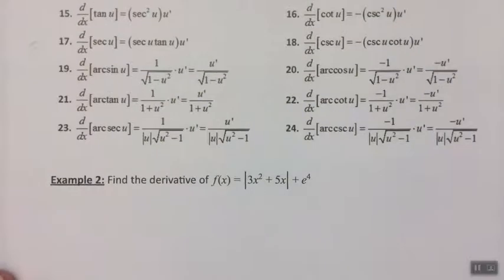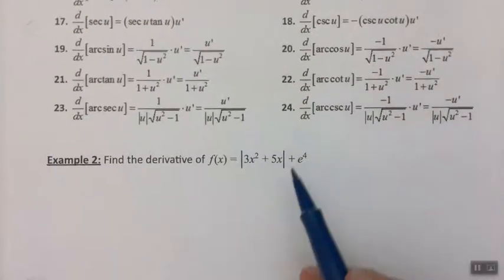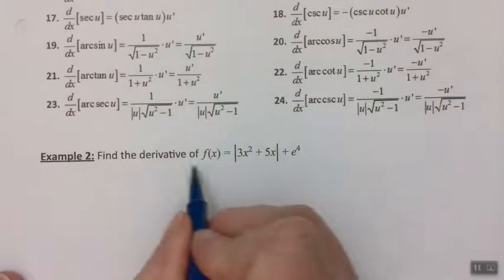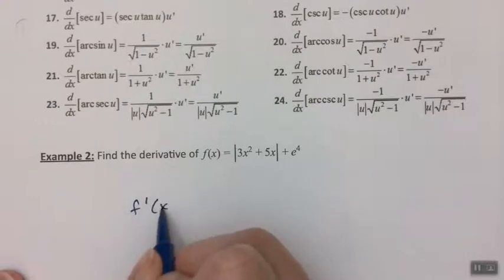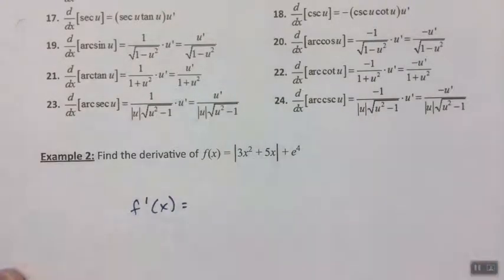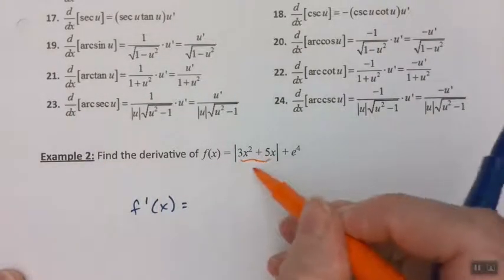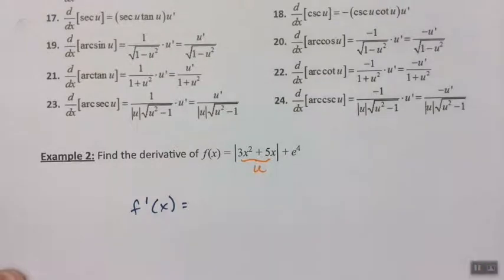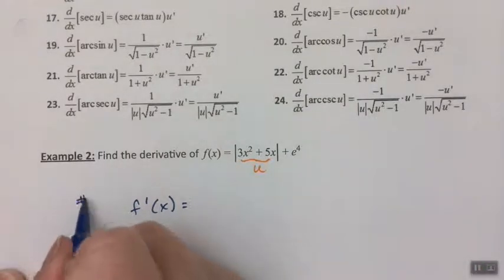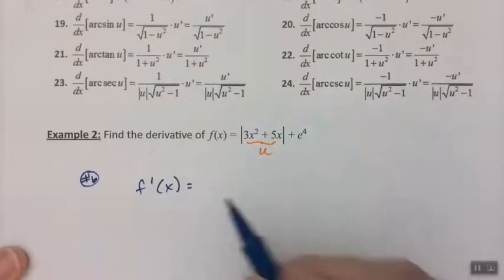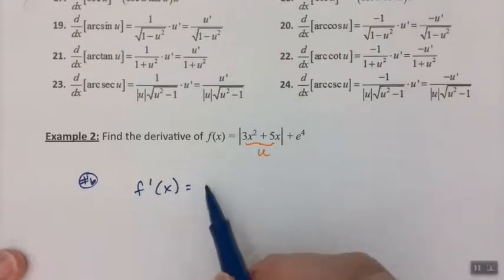Okay, so if I look at this particular one, I want to find f prime, so I want to find the derivative of that. So this right in here is my u, right? So I'm taking the absolute value of u. So according to rule number 6, what I would do is u over the absolute value of u.